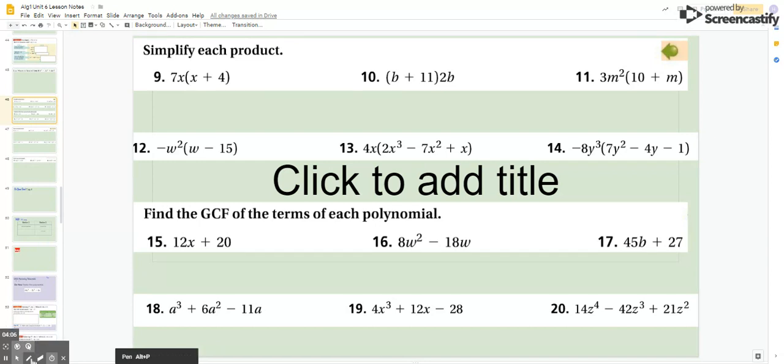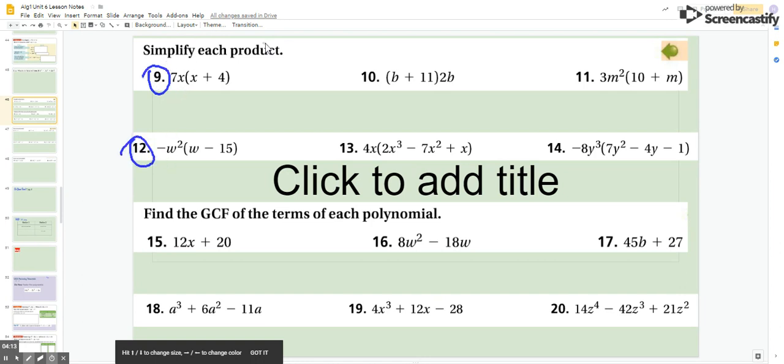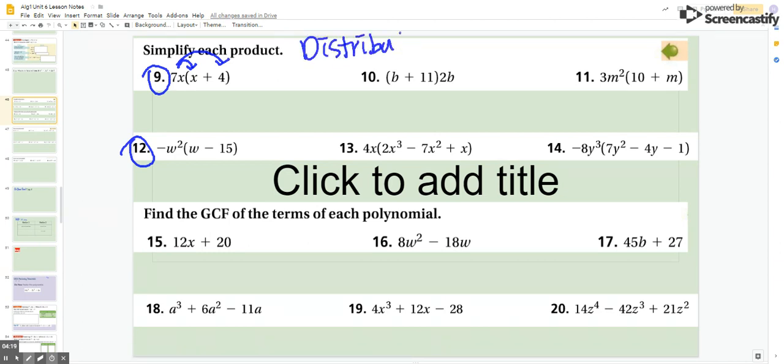All right, I need you to do number 9 and 12. So simplified product, which means you use the distributive property. So this part is the distributive property, and find the GCF of each polynomial. So you need to find the GCF of each polynomial.